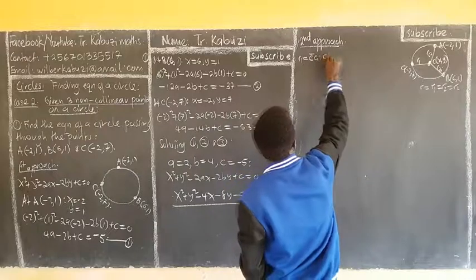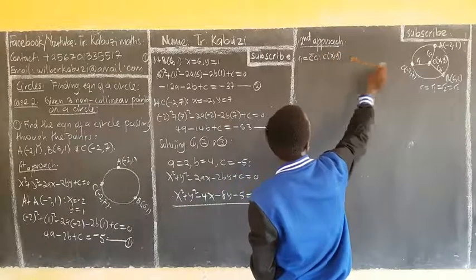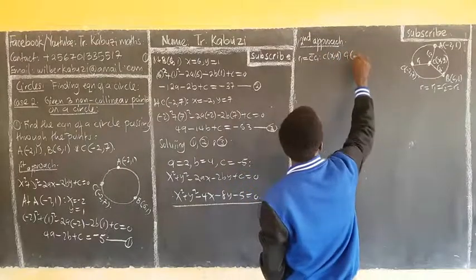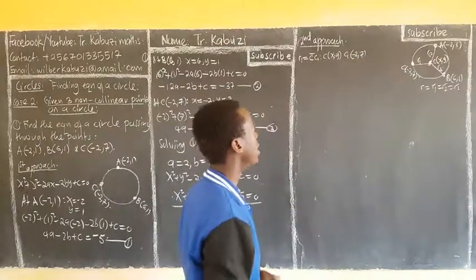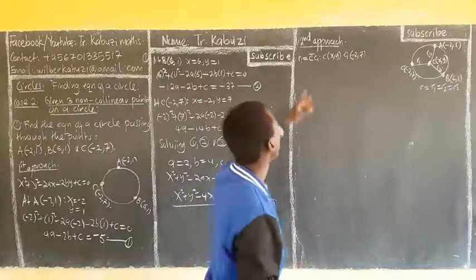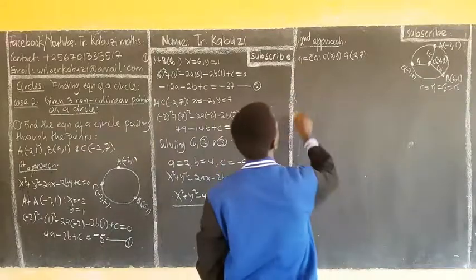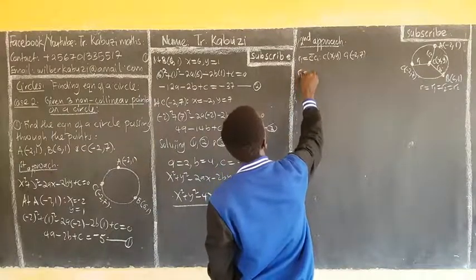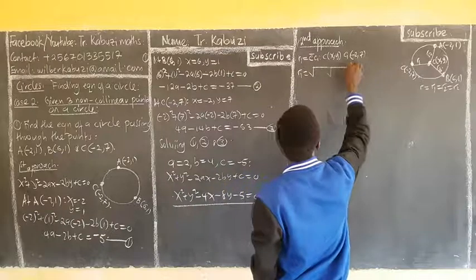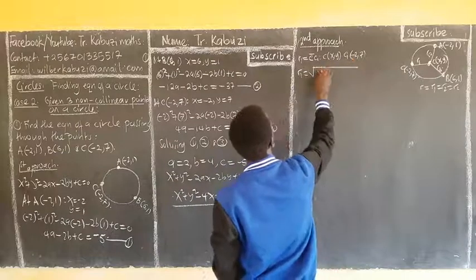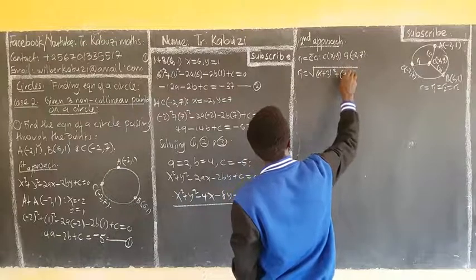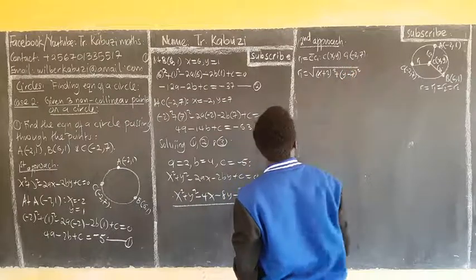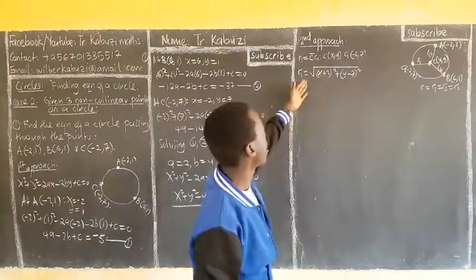I have my center as x, y, and C1 as negative 2, 7. I told you how we get the distance between. My R1 will be the square root of the x coordinates subtracted, squared, then plus the y coordinates subtracted, squared. So that's now my R1.